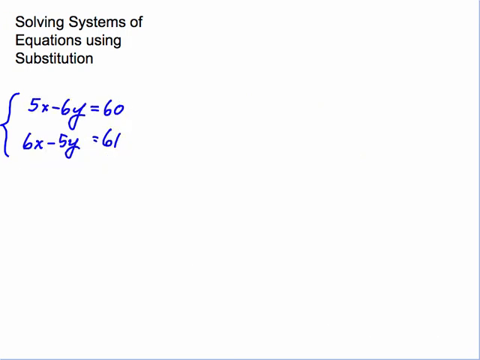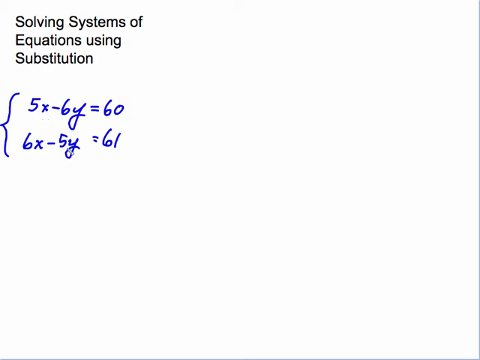I'd like to do one more example using substitution. In this case, neither equation is solved for y. I'm going to work through the math on this one, but understand that when you have a system where neither equation is solved for y, this probably isn't the best method, but we'll use it anyway.